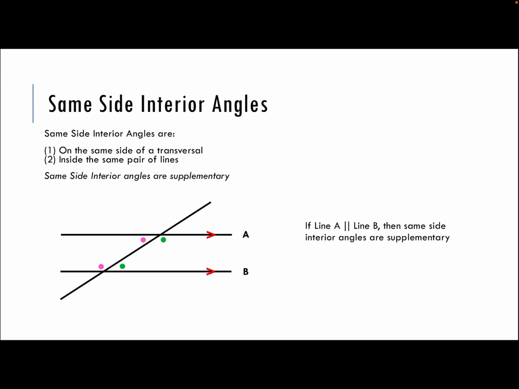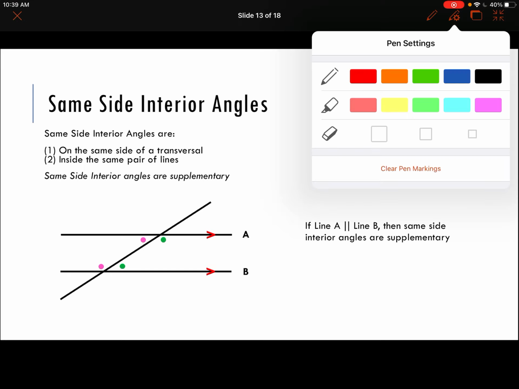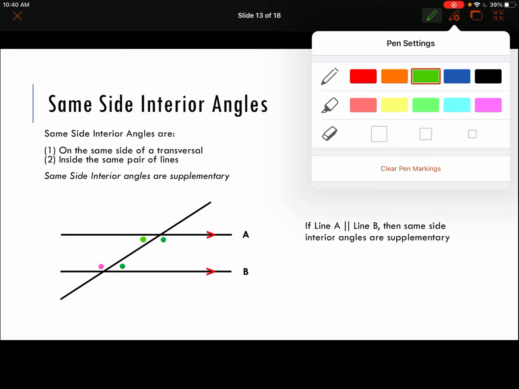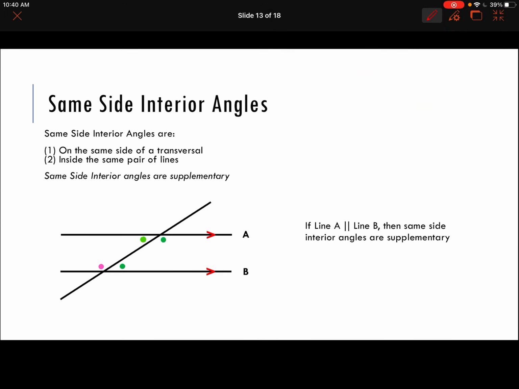Now we have same side interior angles, and same side interior angles are going to be supplementary. Let's change the color of these dots. Let's make this one green, and we'll make the other ones both red. So this should be red, and that should be red.